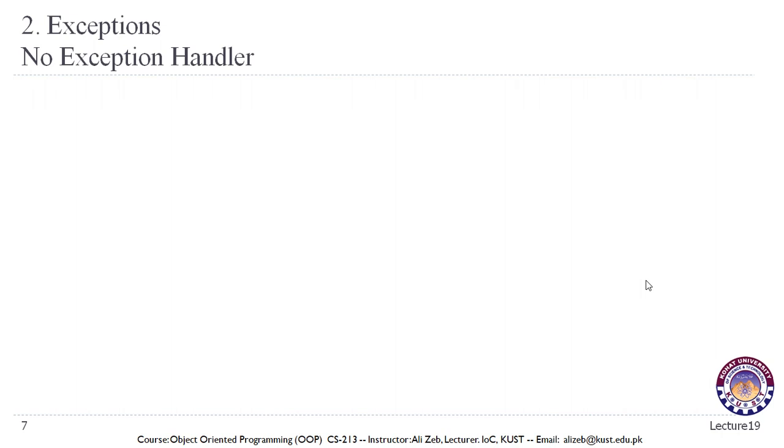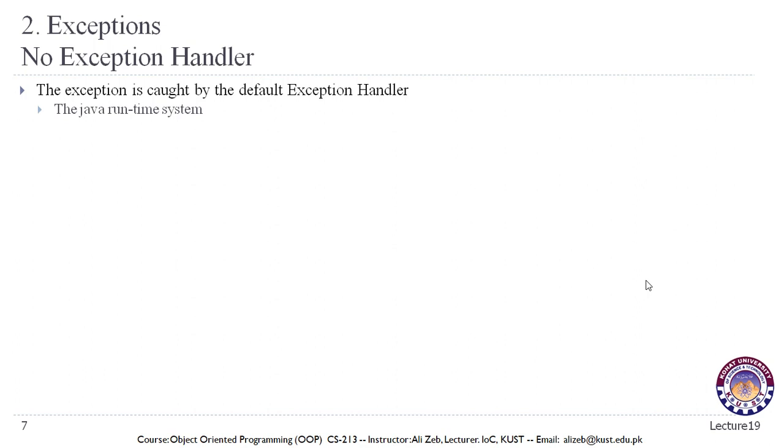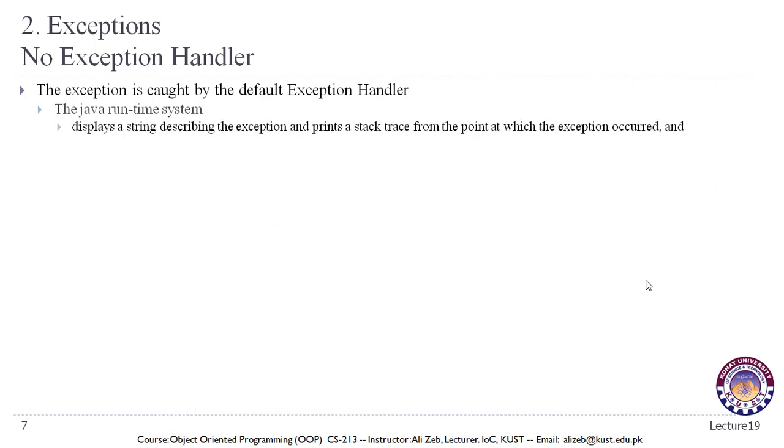Let's look at a few examples where we use no exception handler and what should happen. What should happen is the exception is caught by the default exception handling. The default Java exception handler catches the exception, that is, the Java runtime system displays a string.